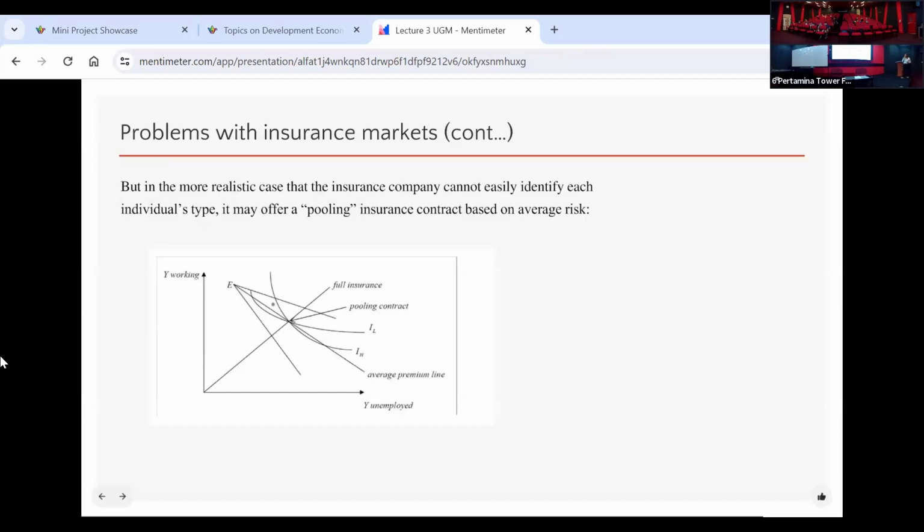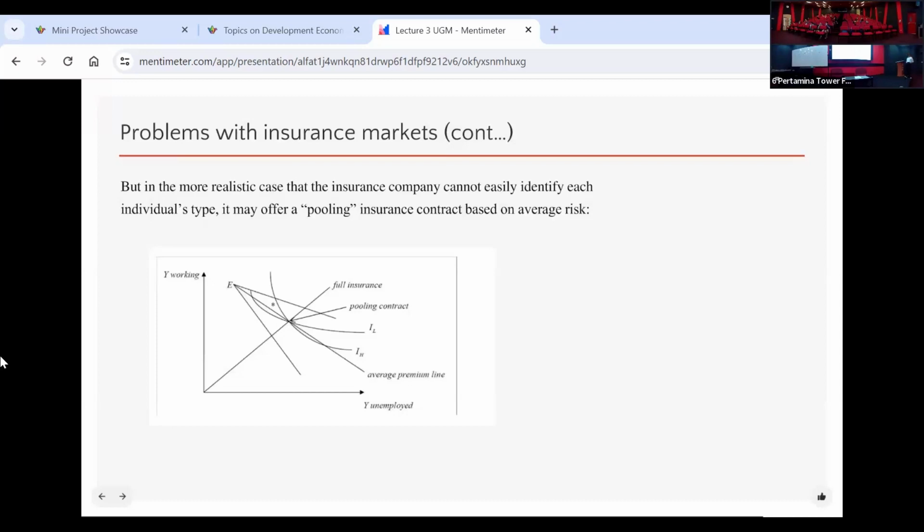So this pooling equilibrium is not Pareto optimal because I can move to a better place. All the insurance companies know that, so they offer me a slightly better deal to attract low risk.